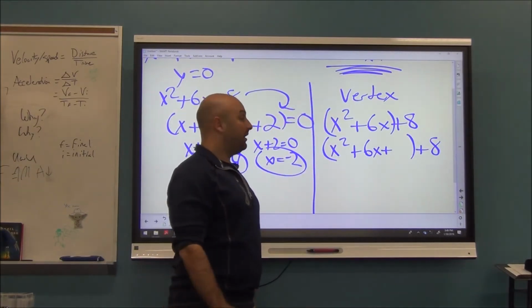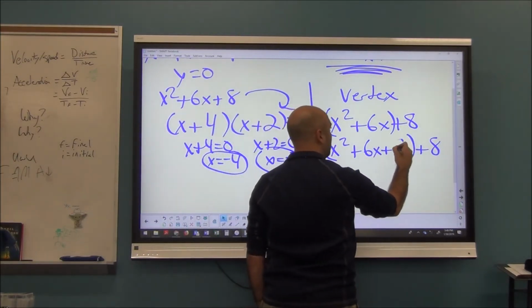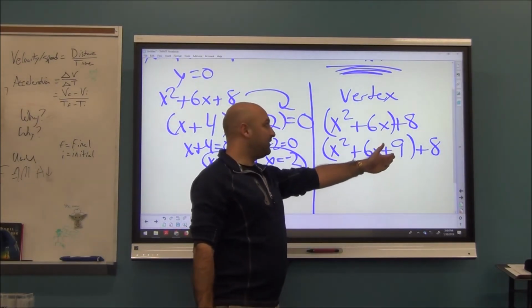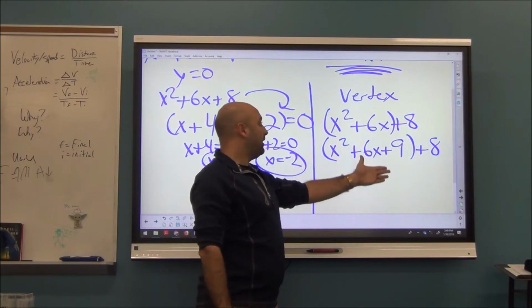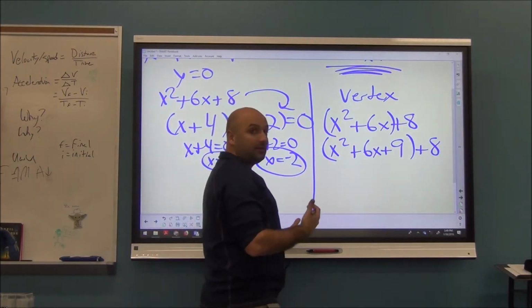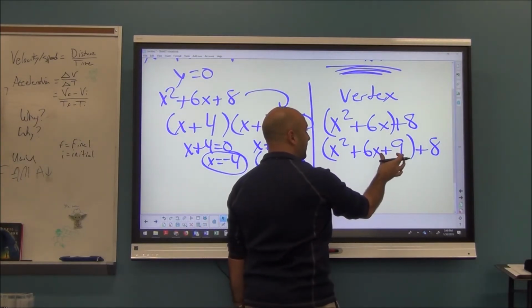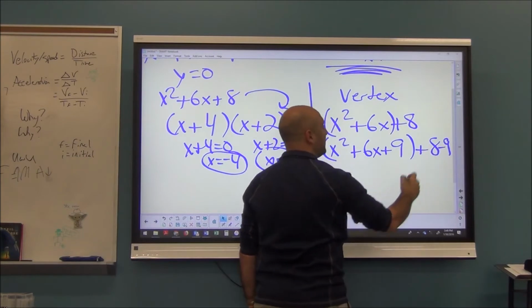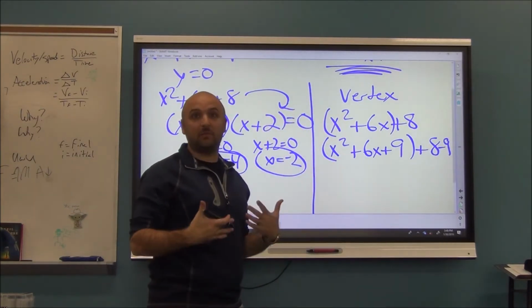What number do I want? I want 9 there. So I'll plug in a 9. Unfortunately, if I plug a 9 in here, it changes the overall value of my function. I just can't add a 9 without throwing everything off. So to balance that, if I add a 9 anywhere, I have to subtract 9 somewhere else to keep it balanced.